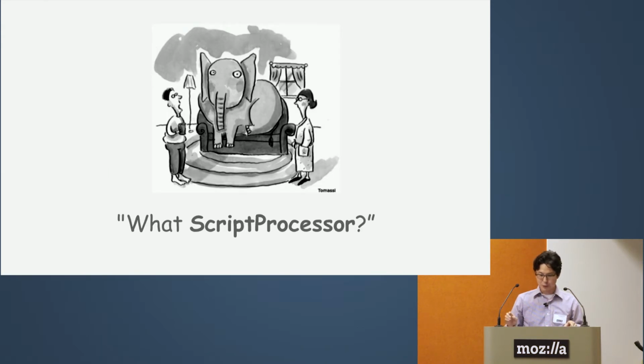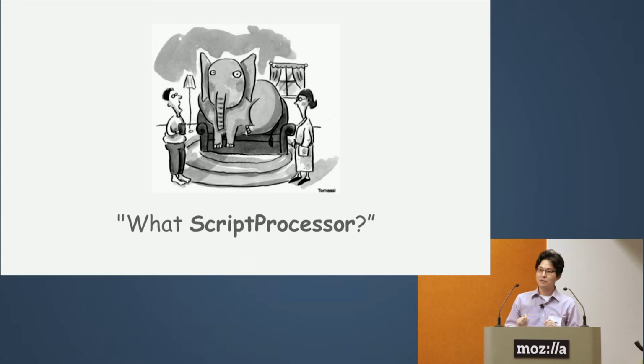Let me continue. We cannot bypass this question when we talk about AudioWorklet, because AudioWorklet is all about writing JavaScript for audio processing, to manipulate the audio stream at the sample level. But we can already do that, right, with something called the script processor node. Are you familiar with the script processor node?